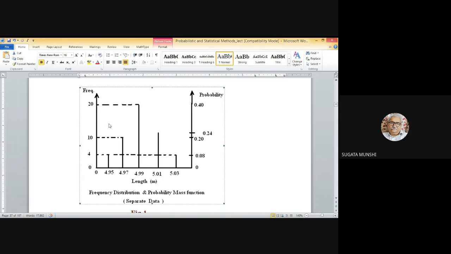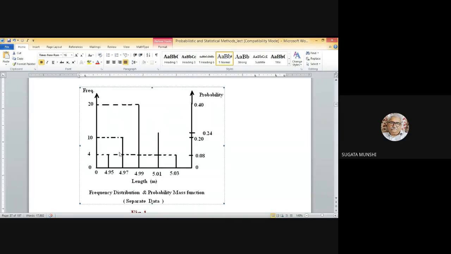But obviously, if instead of 50 samples, the quality control engineer could amass 1,000 or 2,000 samples, better would have been the probability values obtained. So this axis is the frequency, this axis is the relative frequency, which is considered to be equal to probability value.